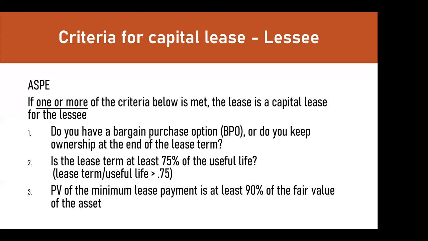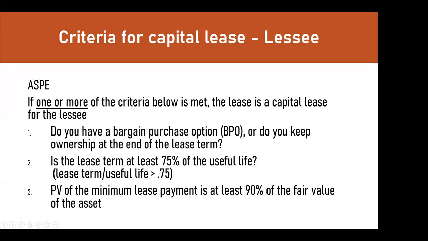So if you take the sum of all the lease payments that the lessee is going to make to the lessor throughout the lease term, take the present value of that, and it is at least 90% of the fair value of the asset at the beginning of the lease, then that criteria is fulfilled. So you need one of the three for it to be a capital lease. If none of them are fulfilled, then it's going to be an operating lease.